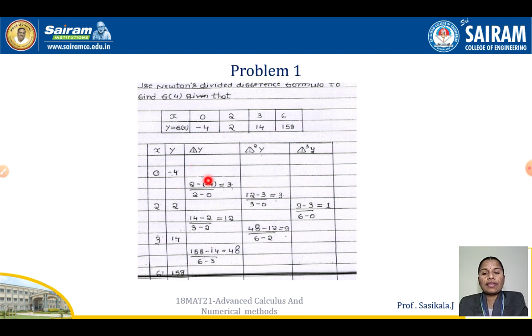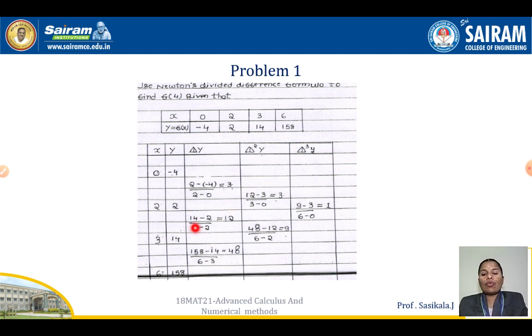Now the first divided difference. As per the formula, it is y1 minus y naught by x1 minus x naught: 2 minus of minus 4, by 2 minus 0, which gives 3.